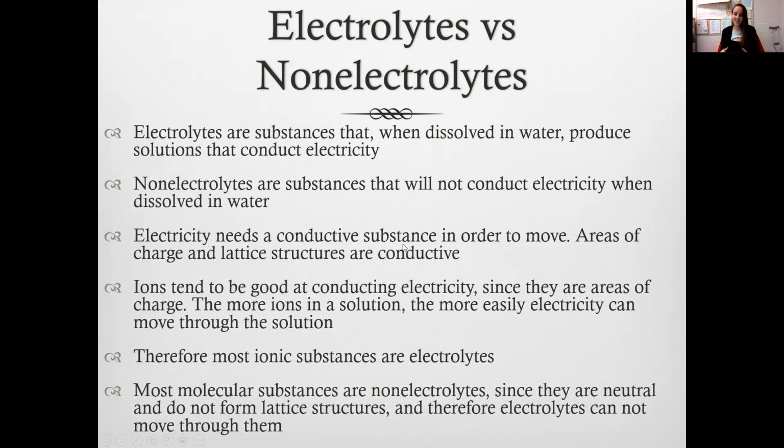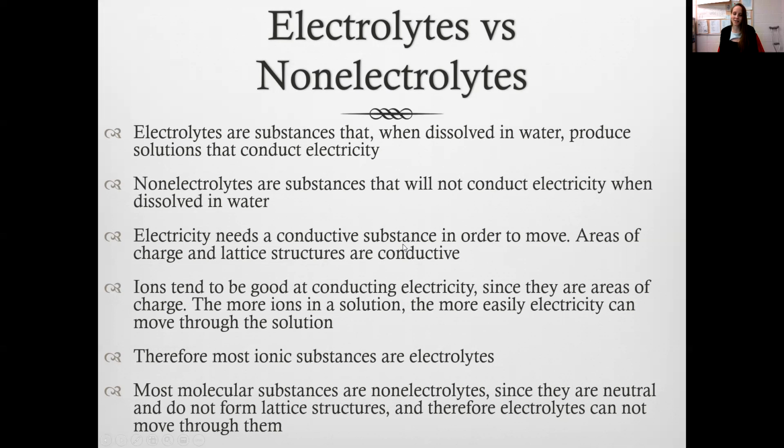Electricity needs ions or charge in order to move. So that's why anytime you have ions, that is going to be conductive. Ions are really good at moving electricity since they are charged themselves. So the more ions you have in solution, the more easily the electricity can move through that solution.